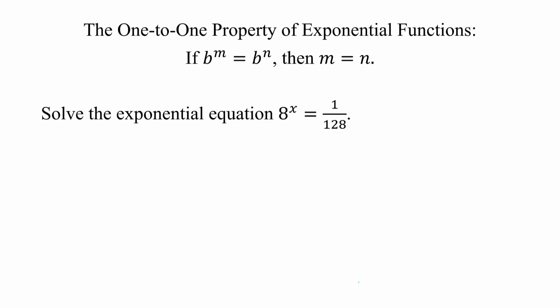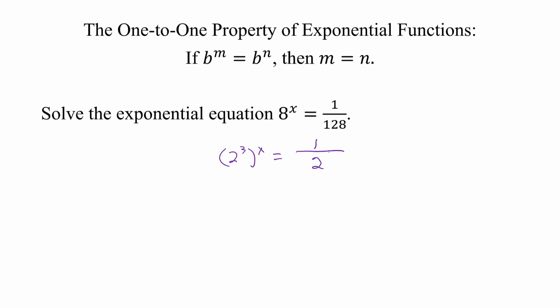Now, 8 to the x equals 1 over 128. Since 128 is not a power of 8, I need to find a different base. And I'm going to go with base 2 because I happen to know that if I cube 2, I get 8. And also, some power of 2 is going to be equal to 128. So to determine that power, I use my fingers, which you can't see right now, but I have 2, 4, 8, 16, 32, 64, 128.